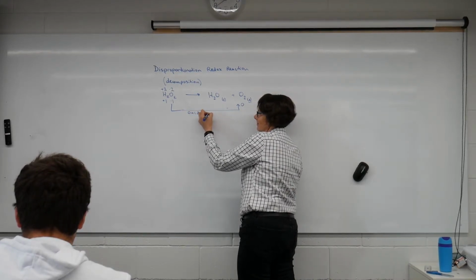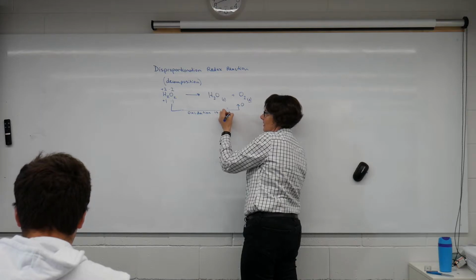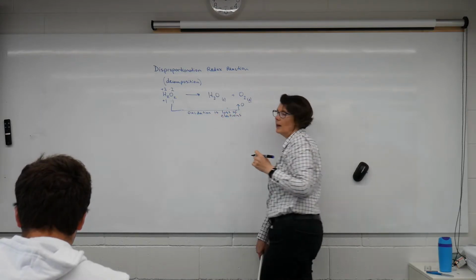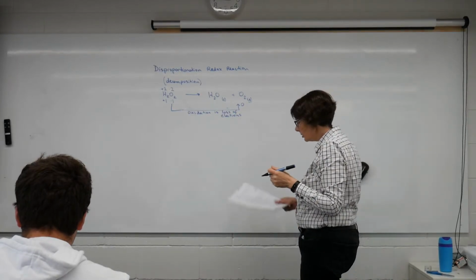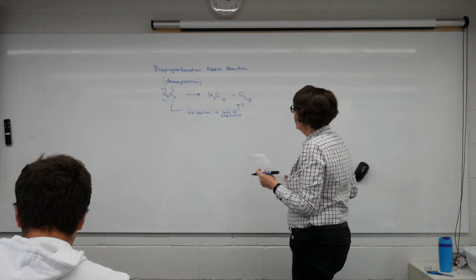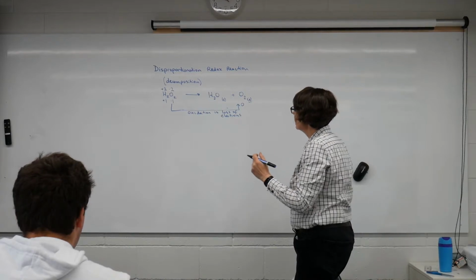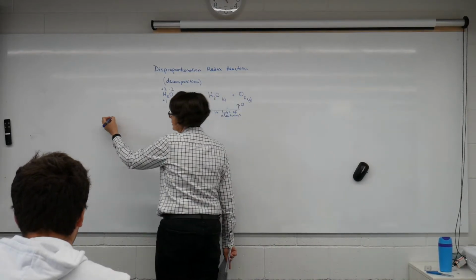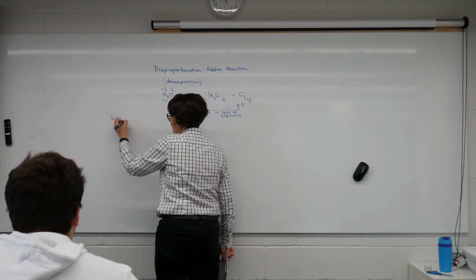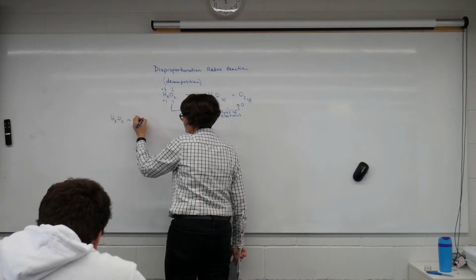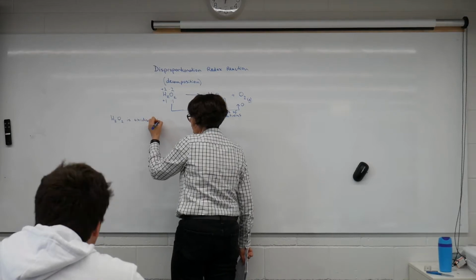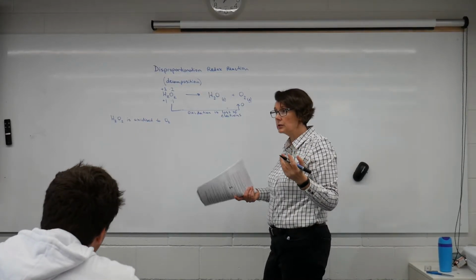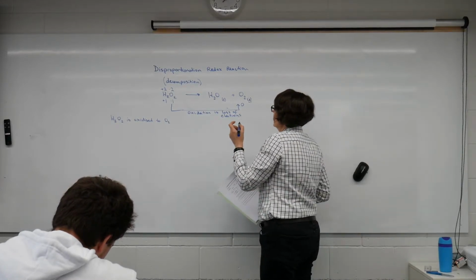I was even going through the ordering in my head. Okay, so that must have been oxidized to oxygen. And in this case, it is the hydrogen peroxide that is oxidized to oxygen. Okay, it's not just the oxygen, it's the whole species, remember?